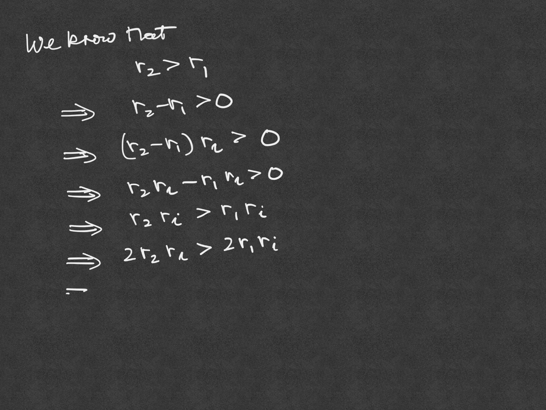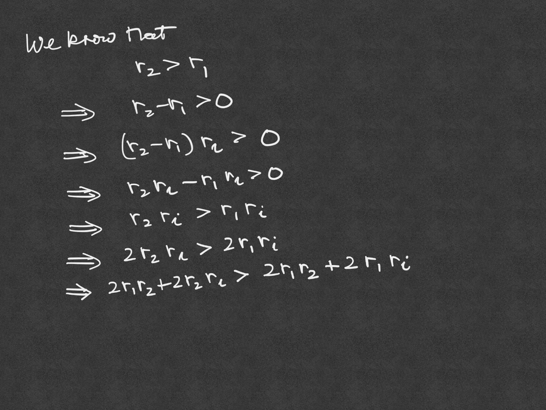Now what I'm going to do is add 2 times R1 R2 to both sides. So we get 2R1 R2 plus 2R2 Ri is bigger than 2R1 R2 plus 2R1 Ri. Now, if we look at this last expression, we can factor it in the following way. On the left-hand side, I'm going to factor out a 2R2, so I get 2R2 times R1 plus Ri.